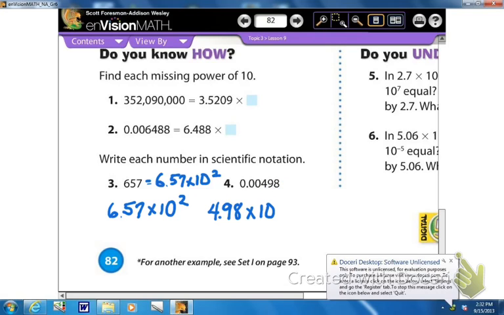How many places did I move my decimal? 1, 2, 3. 3 places to the right, which means it's going to be a negative exponent. And I moved it 3 places, so the exponent is negative 3. If I had to change it to standard form, I know that my decimal would then move back to the left 3 places to become, again, this number.